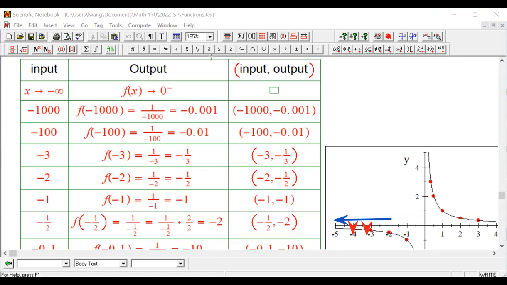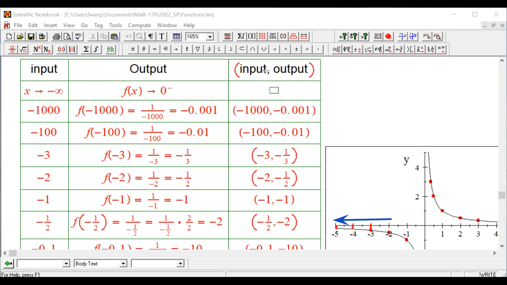Let me not use the arrow, using the line, because the arrow is just getting very, very big. You can see that the output is getting shorter and shorter, getting closer and closer to 0, but never touches 0, but it's beneath 0.